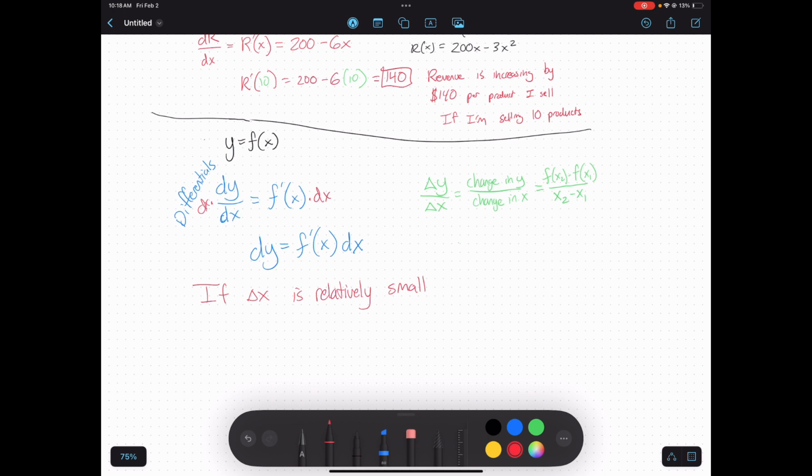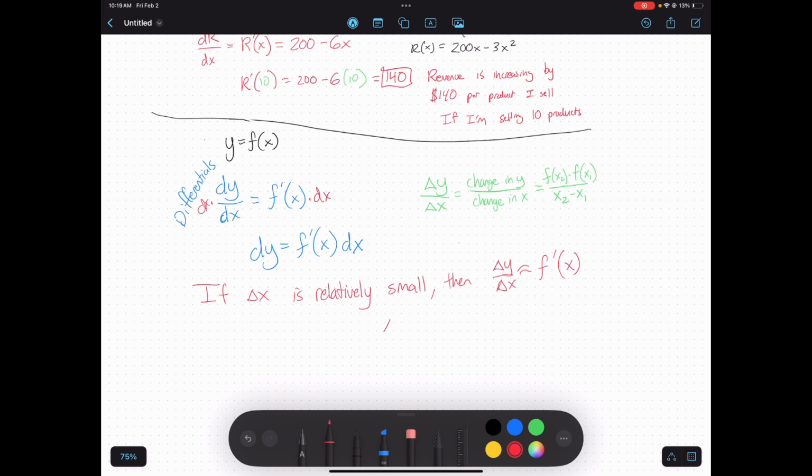Then it turns out the instantaneous rate of change is going to be approximately what my average rate of change will be, as long as delta x is relatively small. Well, what does that mean?